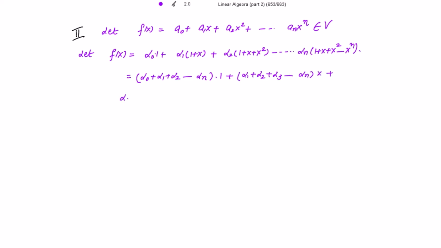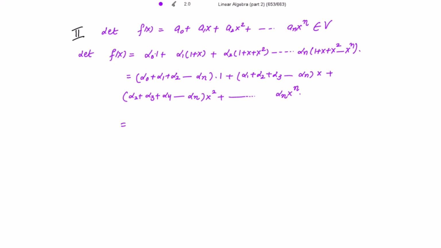Sorry, this should start from alpha 2, and then alpha 2 plus alpha 3 plus alpha 4 up to alpha n for x square, and so on. At the last I'm having only alpha n for x to the power n. Please note that 1, x, x square up to x to the power n are the standard basis for the vector space V.